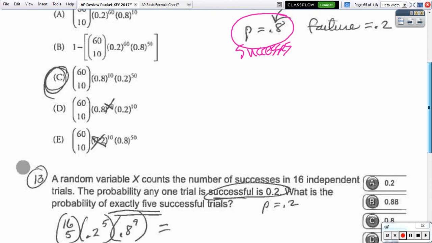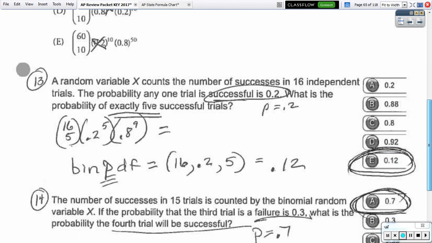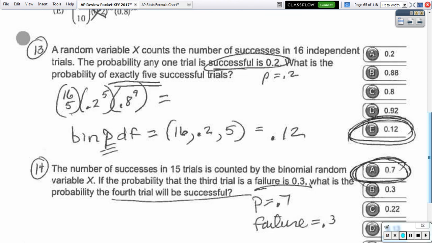All right, moving on. Number 13. Okay, this was another one. We want exactly 5. So probability that you have exactly 5 is 16 choose 5. So here is the formula, AP formula that you would have to show.